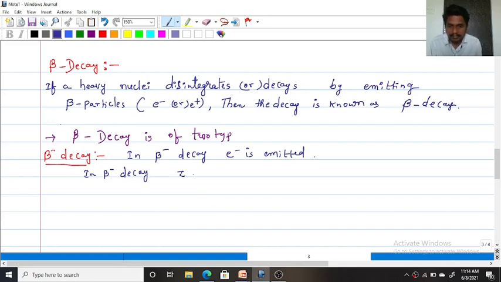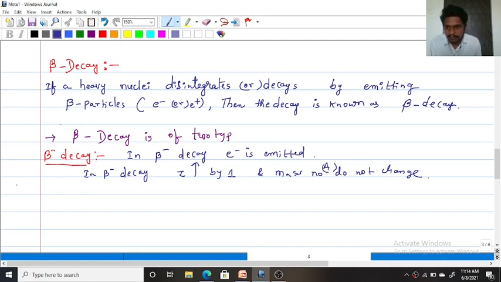In beta minus decay, Z, nothing but the atomic number, increases by 1 and the mass number does not change. Mass number, nothing but A, does not change.